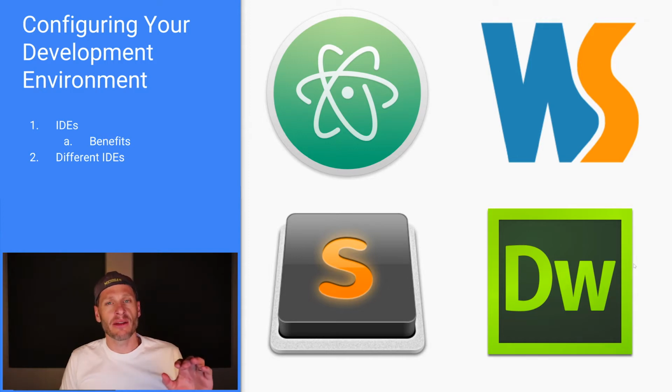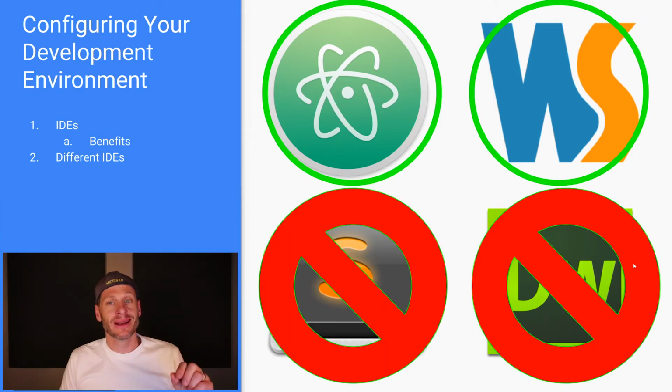The takeaway from all of this, 2 takeaways, is that you should choose either Atom or WebStorm, and don't choose Sublime or Dreamweaver. So in the videos, I'm going to go over why. And then the second takeaway is you do not need to watch all of the videos on the different IDEs, right?